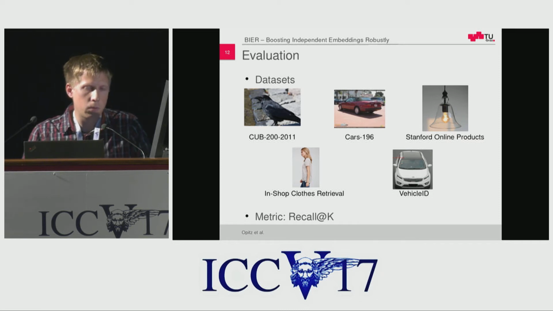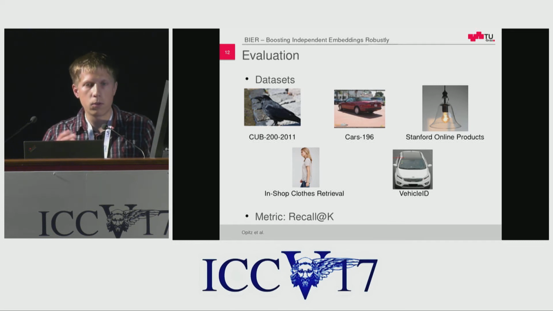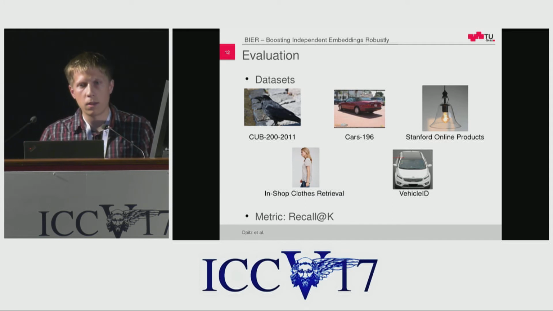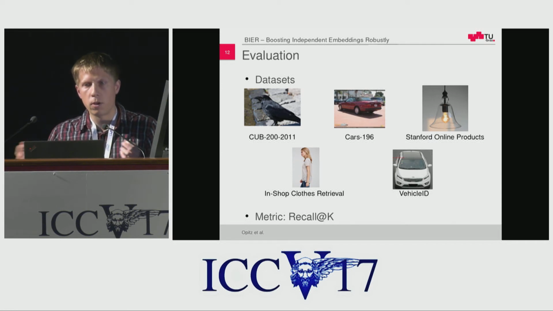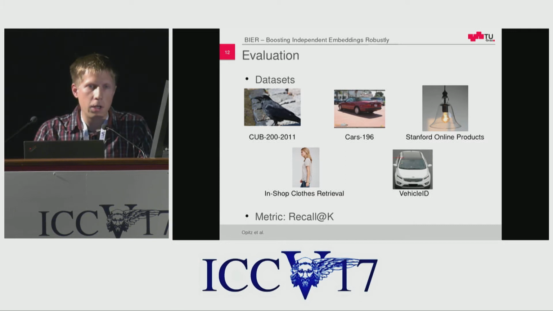And the way this evaluation works is you split basically the labels of these data sets into groups, into a training and a testing group, and you just train your embedding on these training labels, and then at test time you should basically retrieve instances from your test label set. The evaluation metric which we employ here is recall at k.